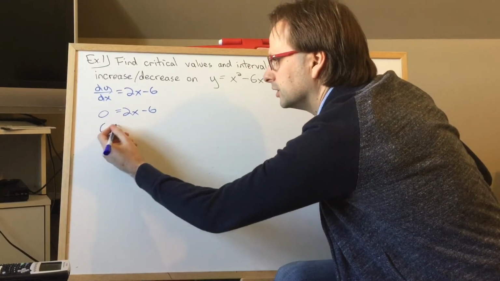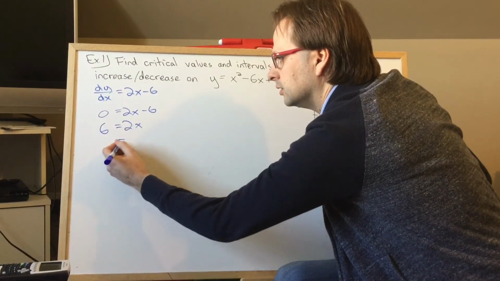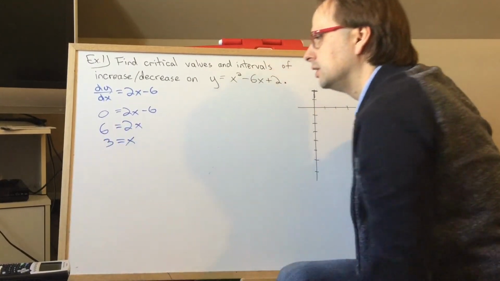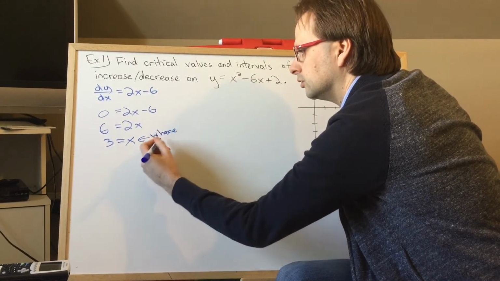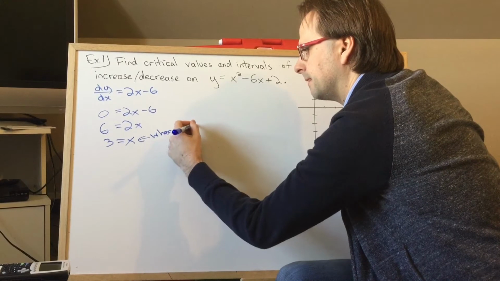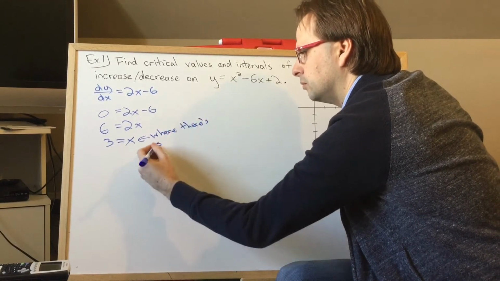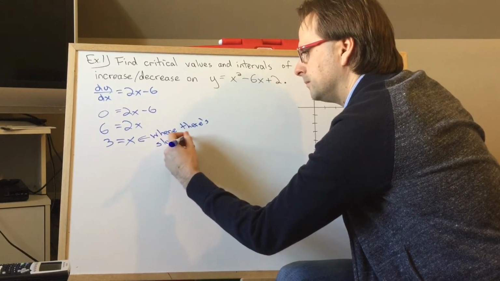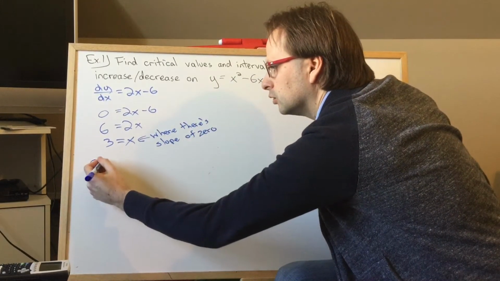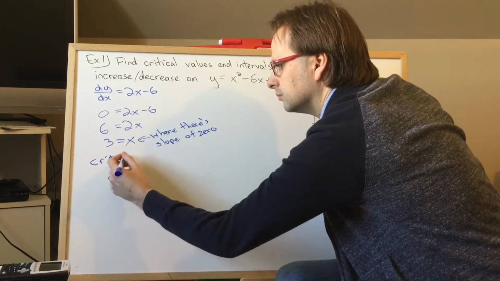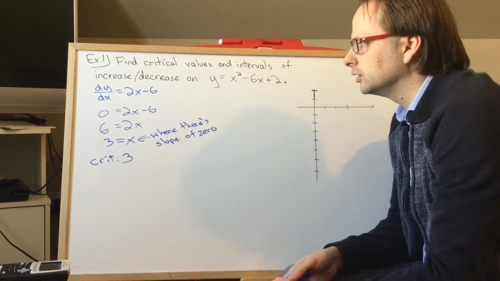So I'm going to have 6 is 2x, where x is 3. That's where there's a slope of 0. And we call that kind of value a critical value, or a critical x value.